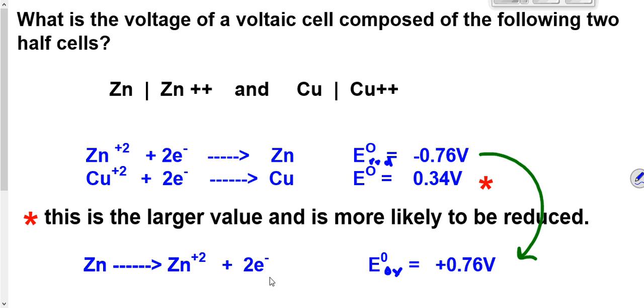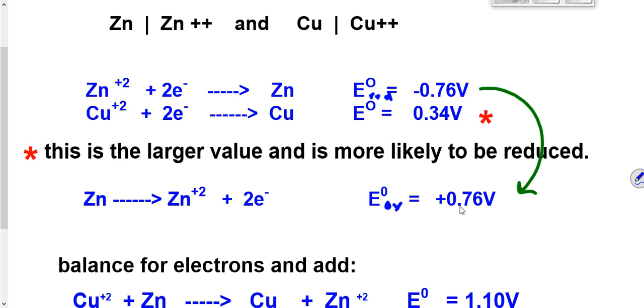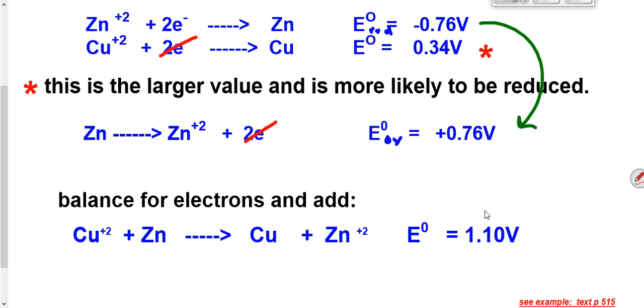So I write the same equation exactly backwards, and I flip the sign on the reduction potential to make it an oxidation potential. At this point, electrons that are being taken by the copper are being given off by the zinc, and they cancel. We can add the two voltages together, the reduction plus the oxidation value.